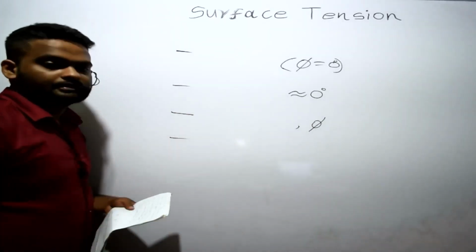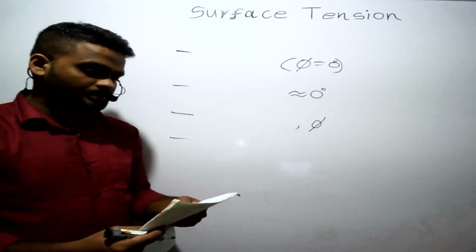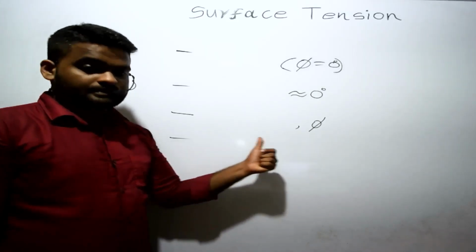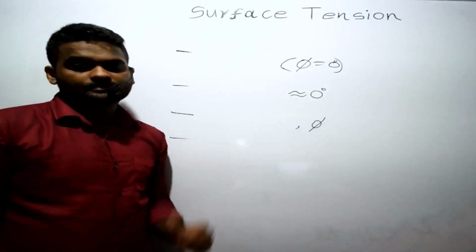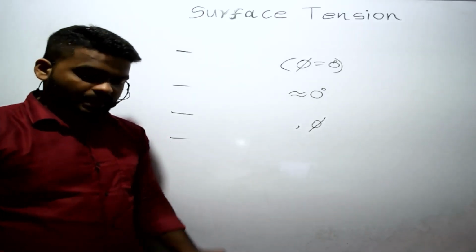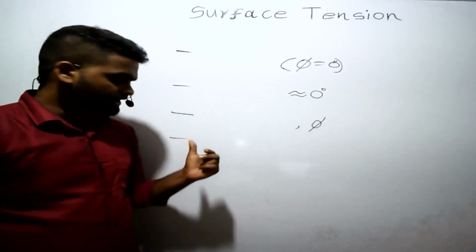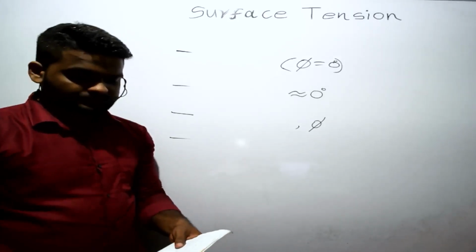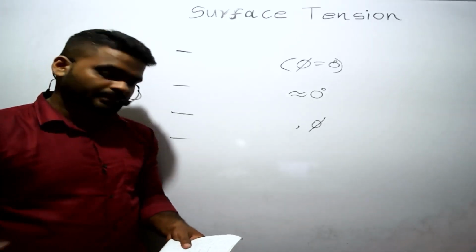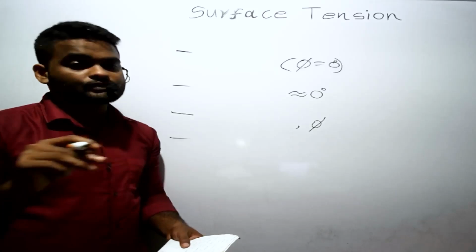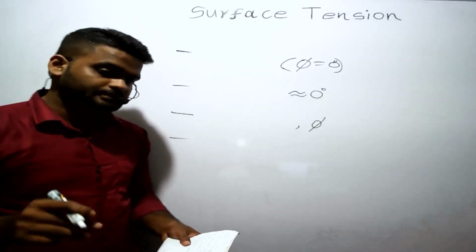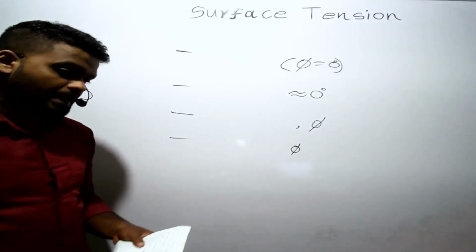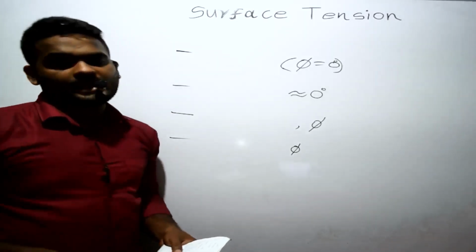Another point. Write down: if cohesive forces are stronger than adhesive forces, phi becomes an obtuse angle.